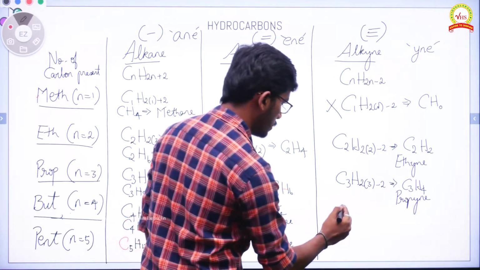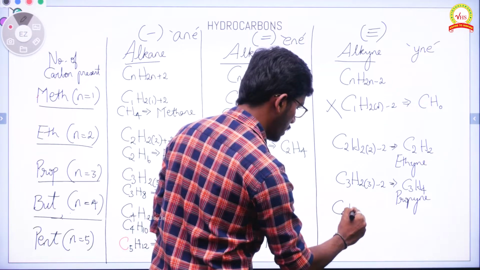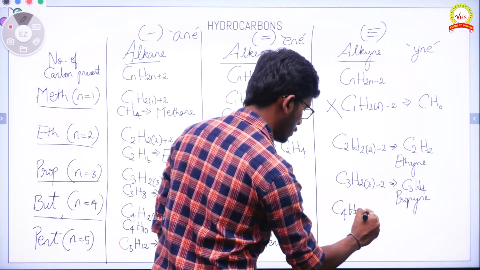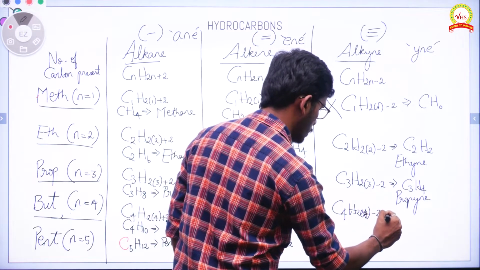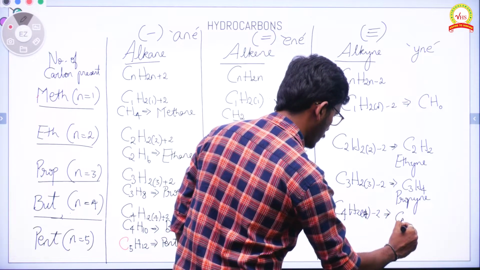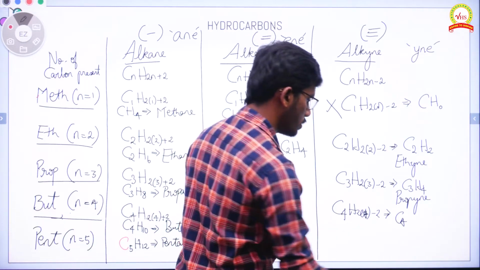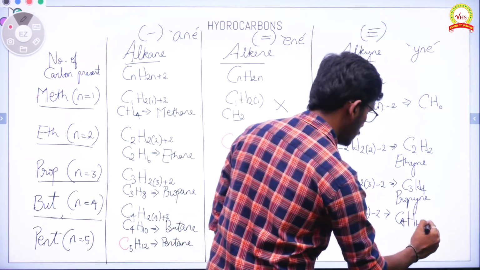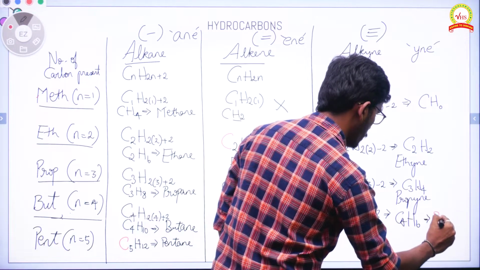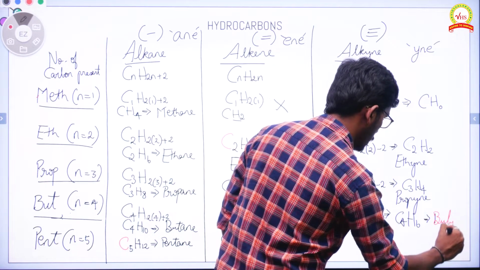So for the next, C4H2 into 4 minus 2, which implies C4H, 2 4s are 8, 8 minus 2 is 6, C4H6, and the name is going to be butyne.